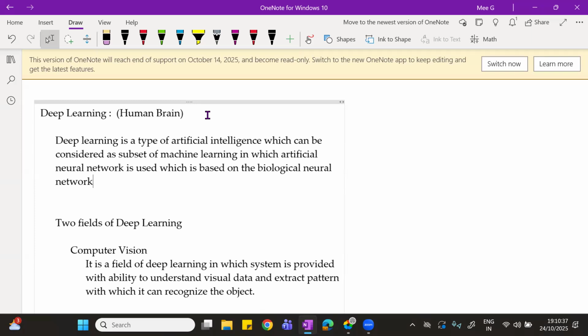It is used to solve complicated, multi-dimensional problems like image classification, image recognition, text generation kind of stuff.